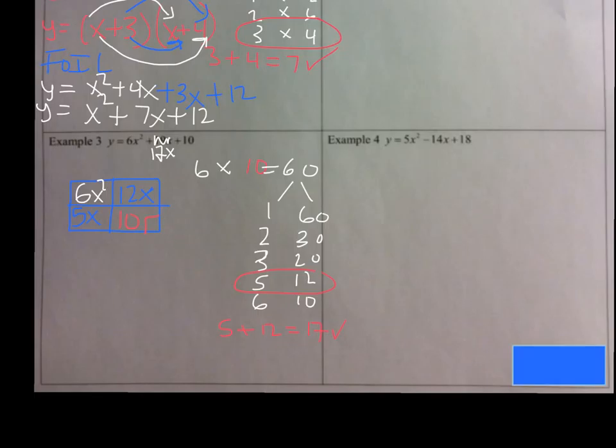Alright, so here is where we factor the columns and the rows. So I'm going to bring this box back up here again to cover the bottom two rows. So you look at this, and again go back to the greatest common factor that we did a few lessons ago, and see what is the greatest common factor of 6x squared and 12x. So let's just look at the 6 and the 12 first. What do they have in common? If I was to factor a number out, what would that be?